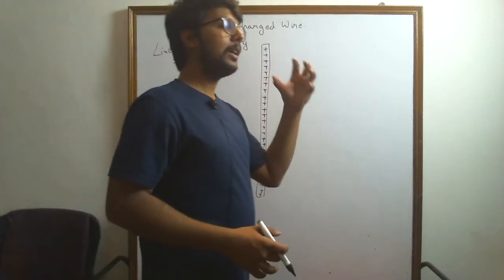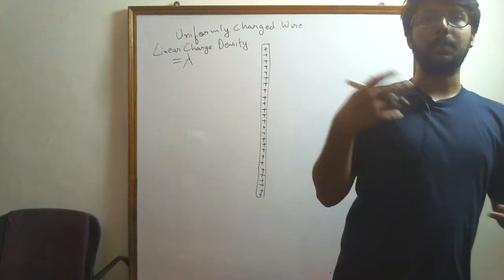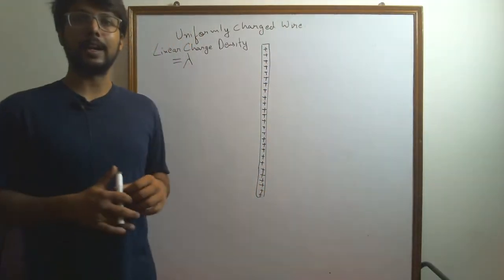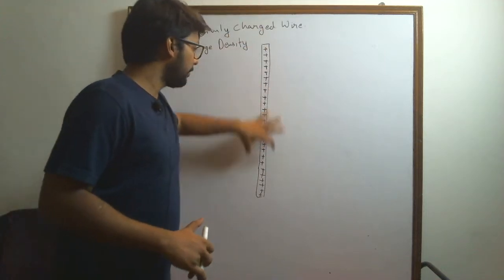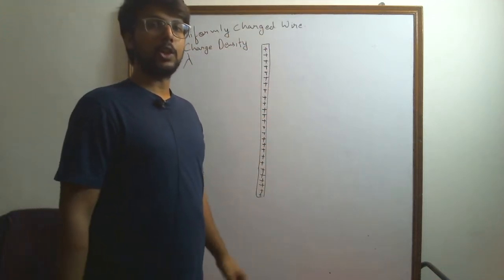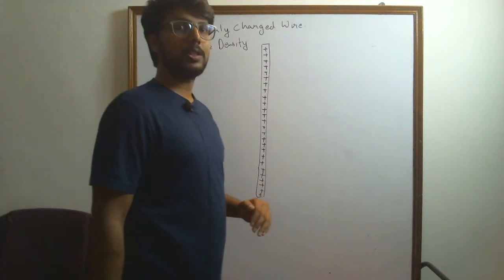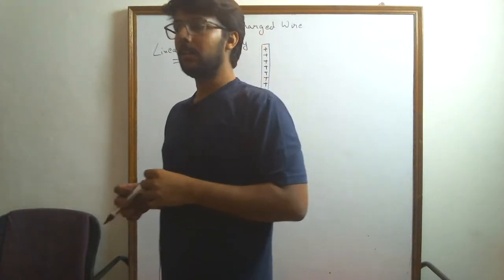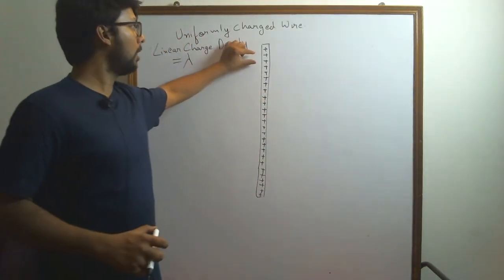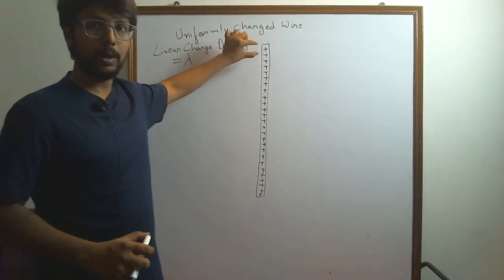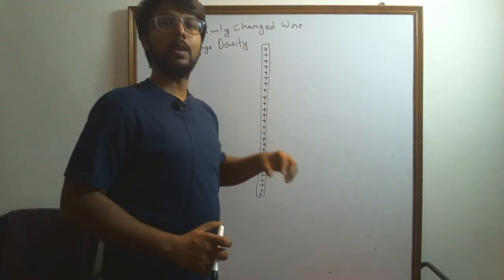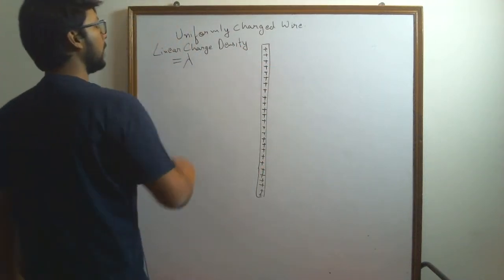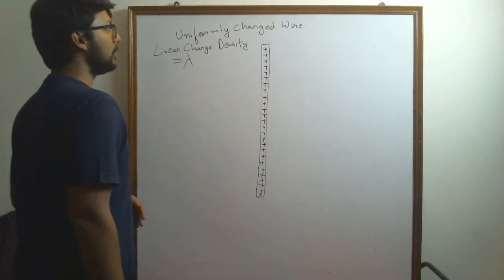That unit of length can be anything: per meter, per centimeter, per millimeter, depending on what I am looking at. But the idea is, if the wire is uniformly charged, the charges are equally distributed along the wire. I can then figure out what amount of charge a unit length of this wire will have. We are calling that linear charge density.